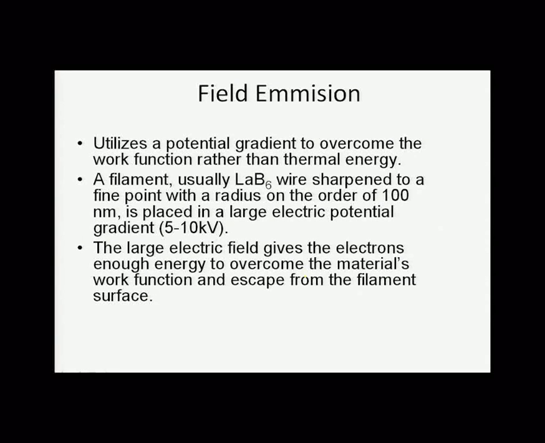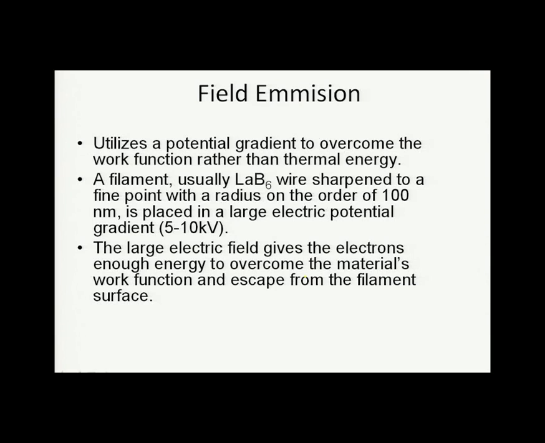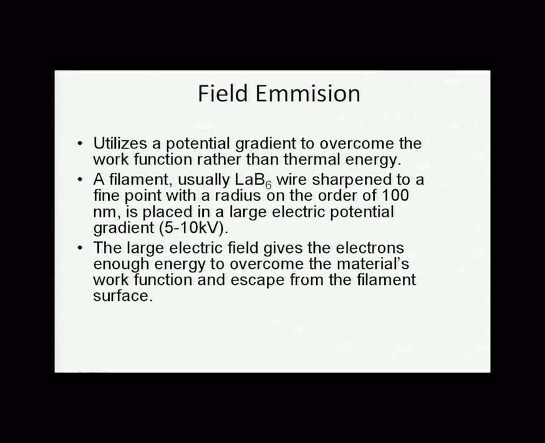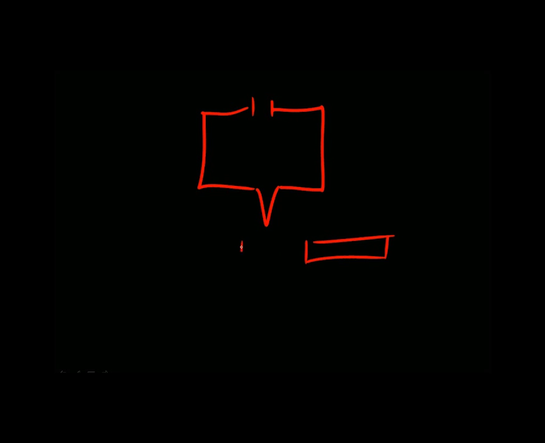which is used in a field emission scanning electron microscope, is a bit different. Instead of using thermal energy, we use a potential gradient to overcome the work function. So now, if you can imagine, we had the same setup basically, but instead of just using thermal heating or Joule heating to get these electrons out, we basically provide an electric potential. So we have this disc-shaped, and can I draw this?